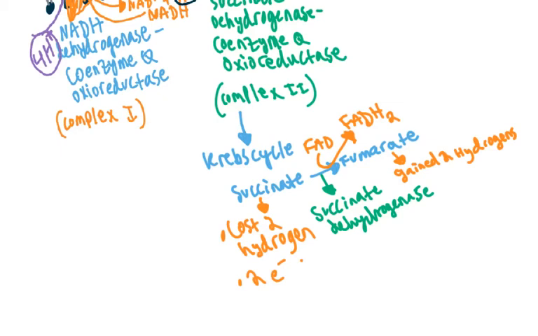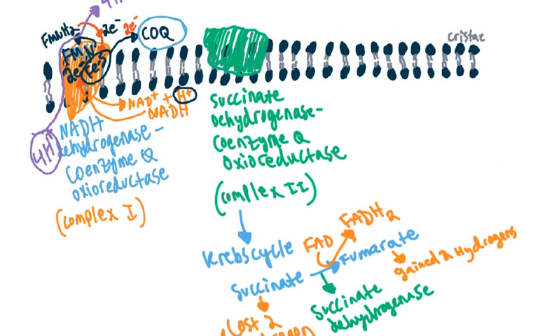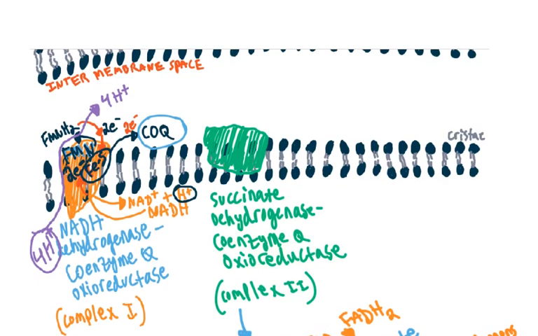Now in the electron transport chain, the opposite reaction happens in terms of FAD and FADH2: FADH2 is converted to FAD. Let's write that down.